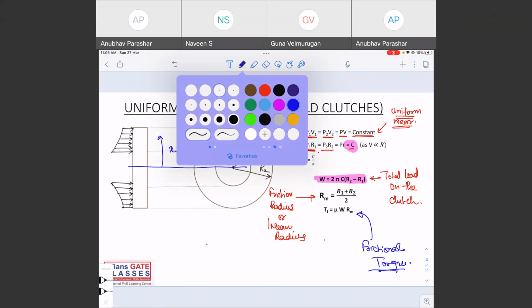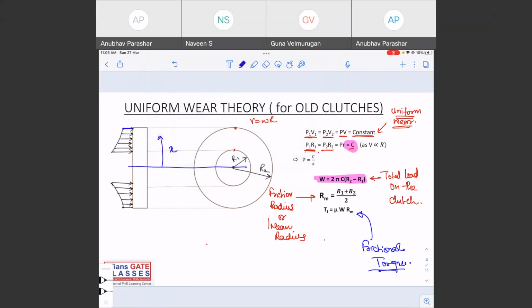You are given the pressure at the outer radius, or you might be given pressure at the inner radius, or you might be given pressure at any distance x or any radius r from the center. So you have to calculate C. Only when you calculate C, you'll be able to find out the total load W.